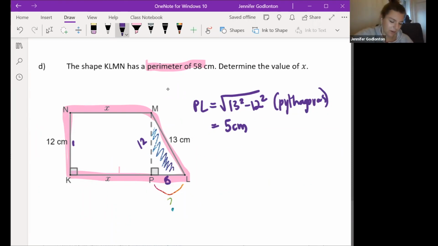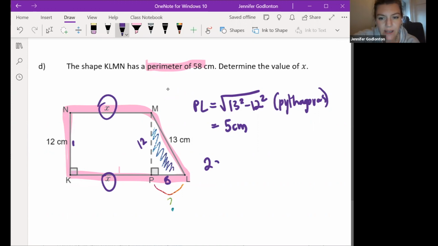Think about what this would look like. The only reason I'm writing it is because we're running out of time. But some of you are definitely on the right track. At this point, I would recommend you write an equation, right? So we've got x plus x, that gives me 2x.